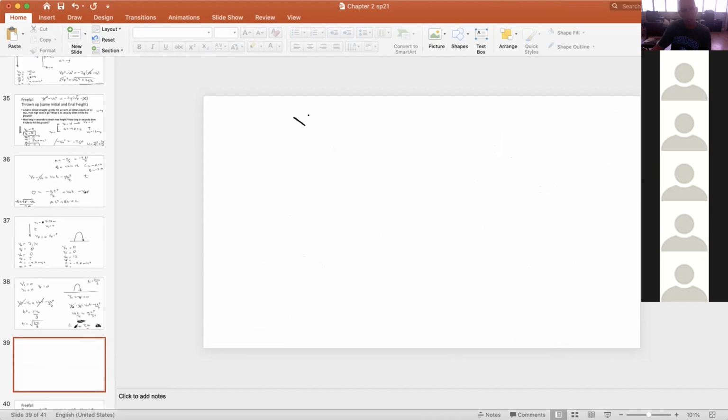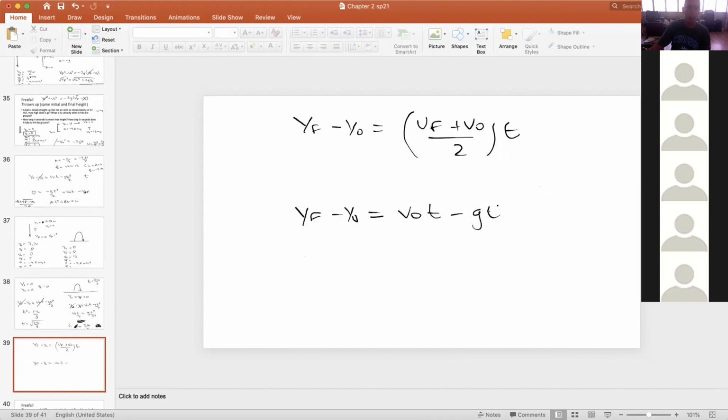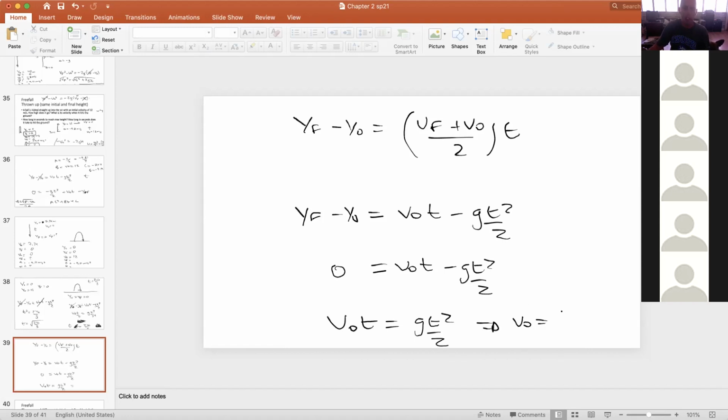So the last equation that we haven't used a lot yet was v final plus v initial over 2 times t. And when y final minus y initial is equal to v naught t minus gt squared over 2, when this is 0, you can solve this for v naught. So v naught t is equal to gt squared over 2, which is v naught is equal to gt over 2.